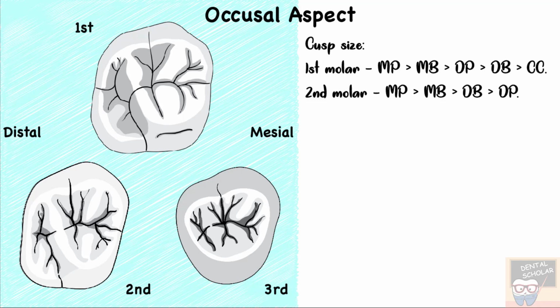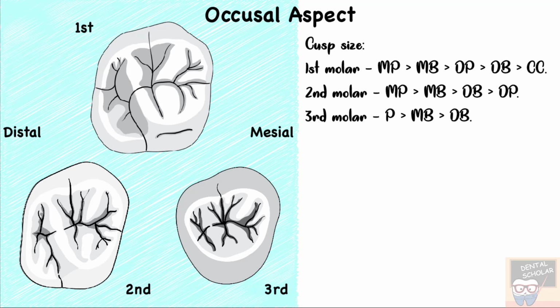In the second molar, distopalatal is smaller, and in the third molar, the largest is palatal, followed by mesiobuccal, and the smallest is distobuccal. So what we notice here is that in the first molar, it was the distobuccal cusp that was smallest. In the second molar, the distopalatal cusp was smallest, and in the third molar, the distopalatal cusp was absent.